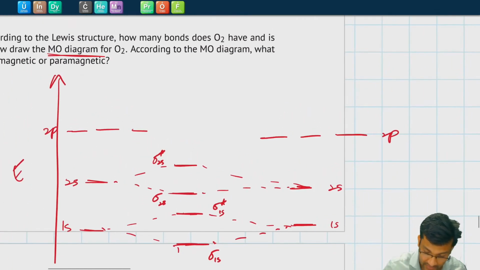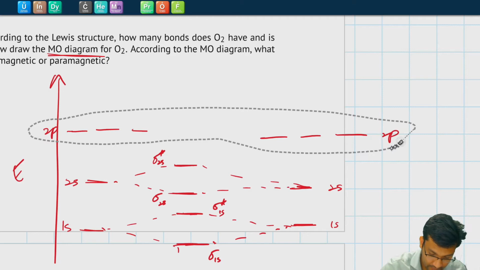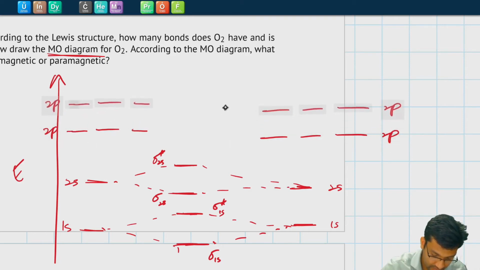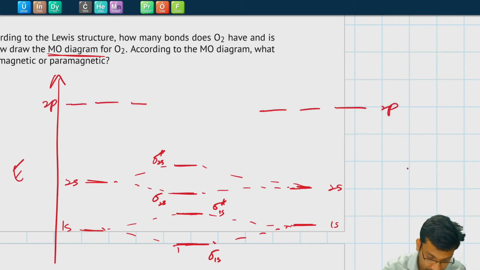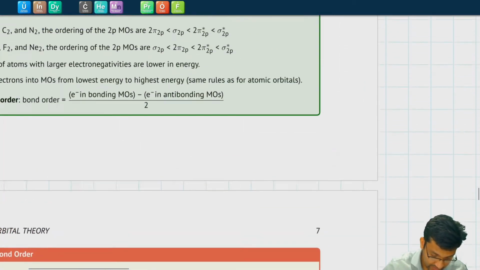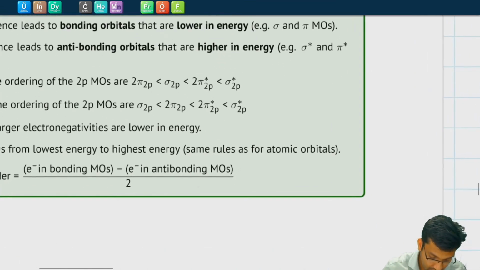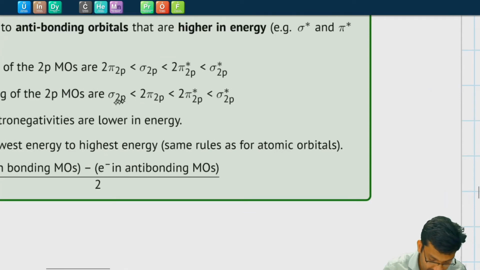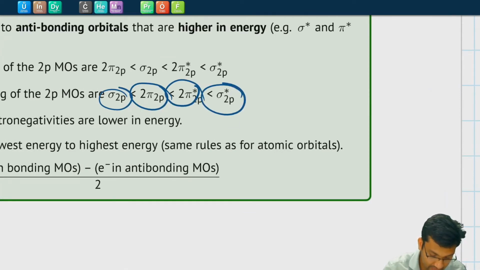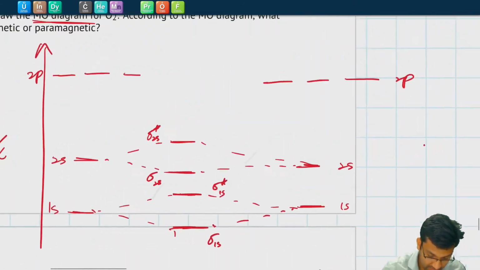All right, the p orbitals, things get a little bit crazy. Let's move up a little so I can create some space. I'll use a different color for this one. For oxygen, we'll have a sigma, then 2 pi's, then 2 pi stars, then a sigma star. So that's the order of the orbitals that we need to create.